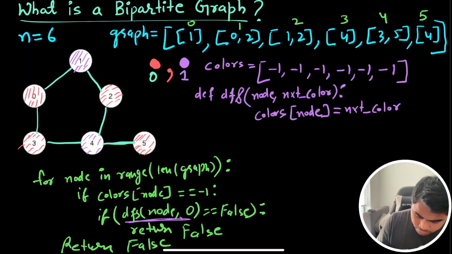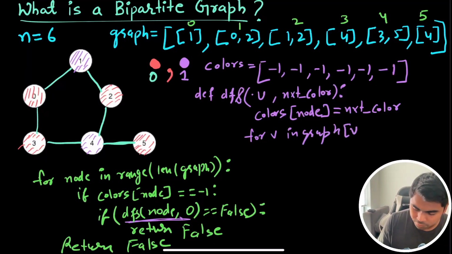Otherwise I will try to explore all the neighbors of U, so V in graph at U. This will give me all the neighbors of this.